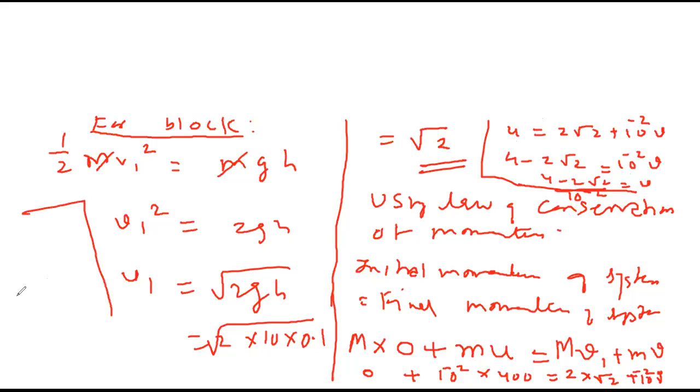Simplifying further, 4 minus 2 into 1.414 upon 10 raised to minus 2 equals v. So 4 minus 2.828 upon 10 raised to minus 2 equals v.